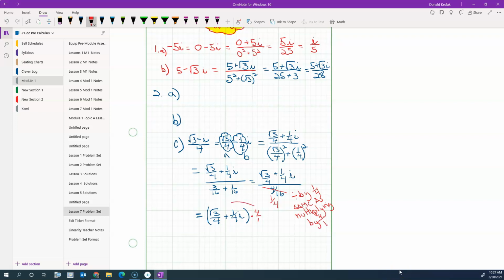And then I can just distribute. So I end up with root 3, because the 4's cancel, plus i. And there's your inverse.